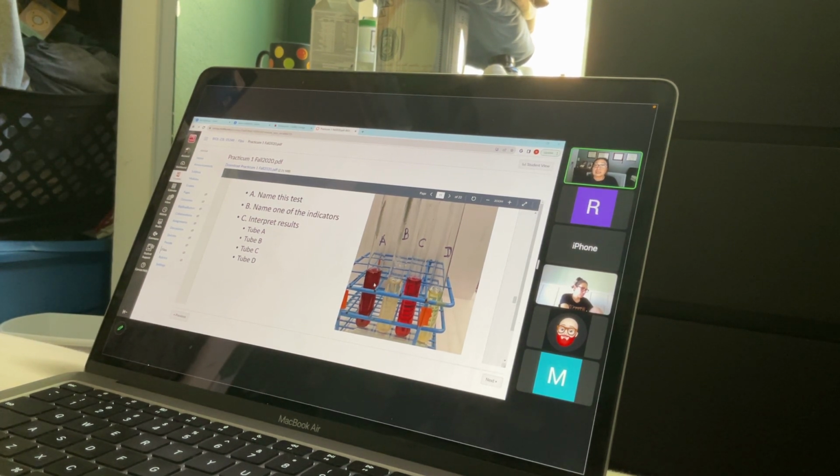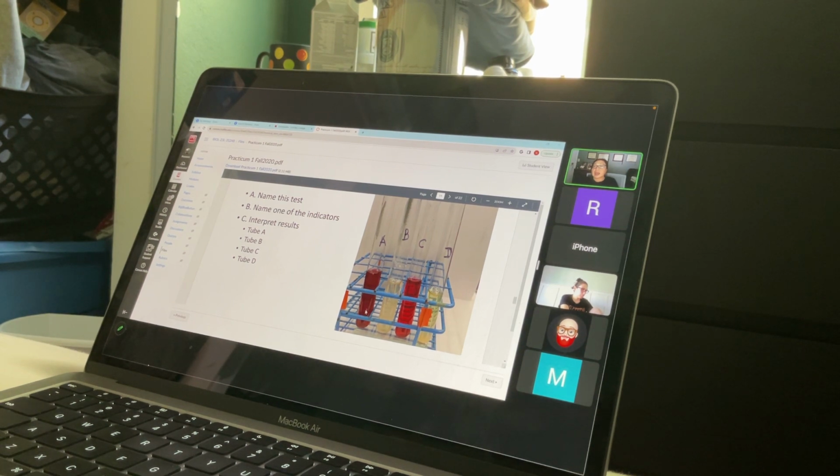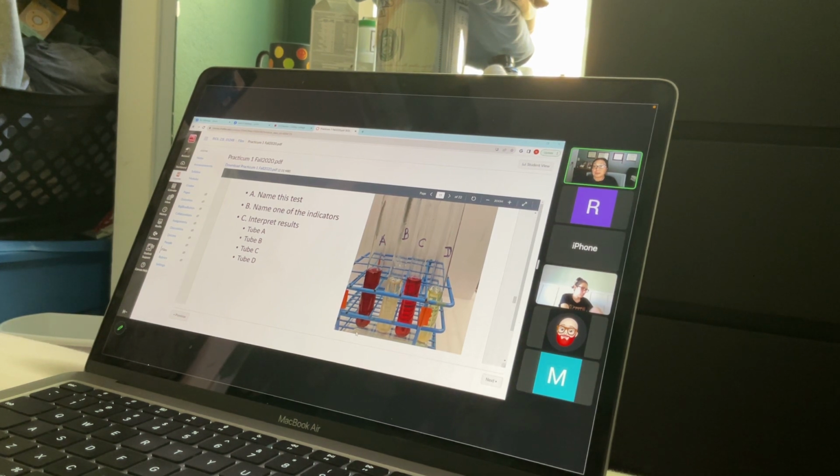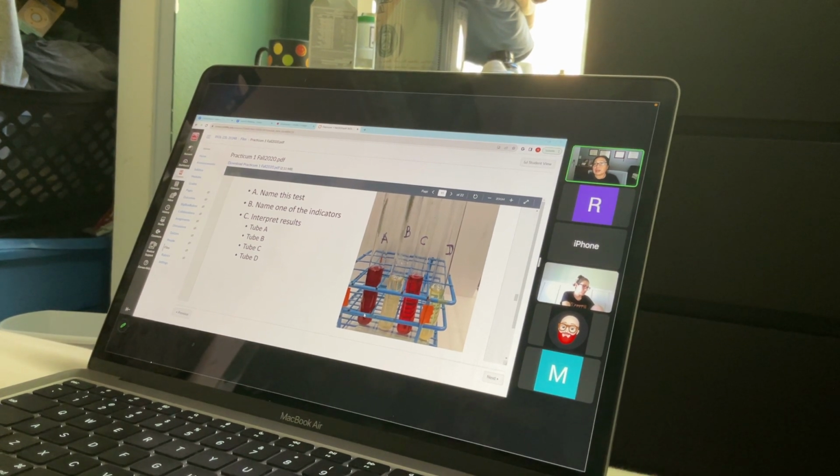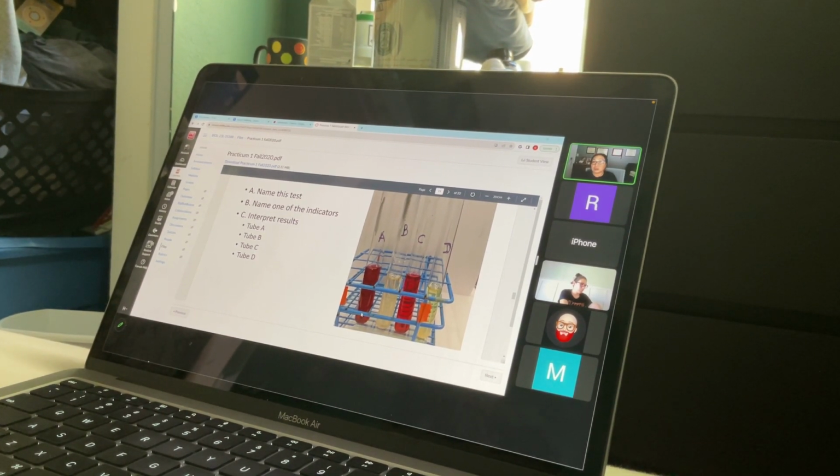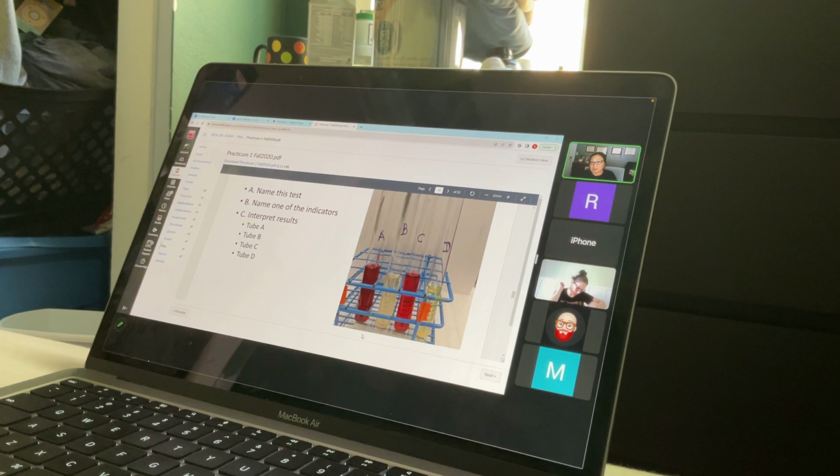You add zinc to tube A, give it a minute, and tube A changed to a red color. That means tube A is a negative result, because zinc reacted with nitrate and changed to a red color. So tube A does not have nitrate reductase.